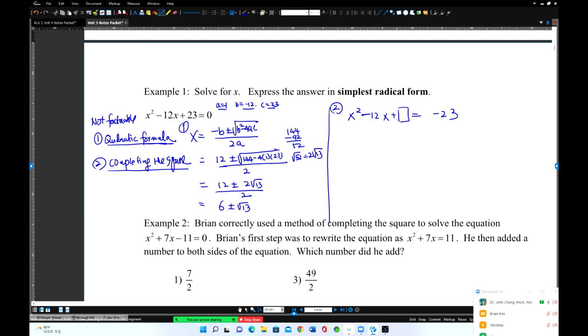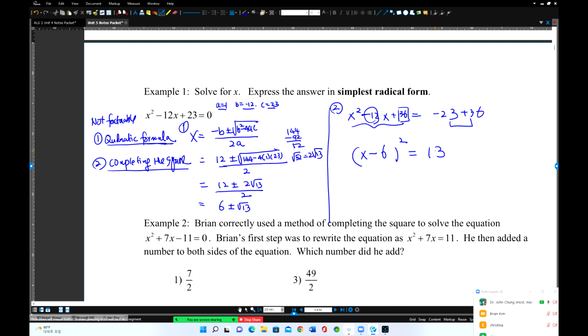Negative 12 divided by 2 is negative 6, squared is 36. We're going to add 36. So these three terms can be replaced with a square, right? Inside is x minus half of this number, which is 6. That's it. Right-hand side, 36 minus 23 is 13, isn't it? This is what we call completing the square.